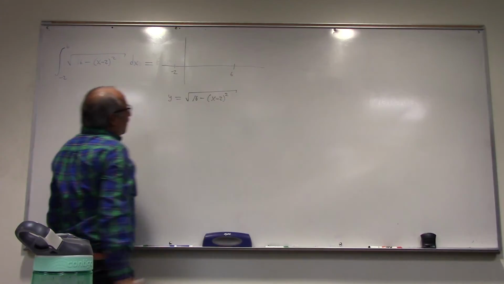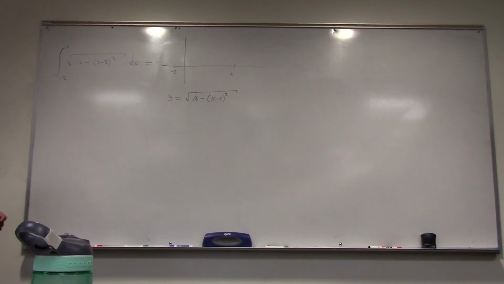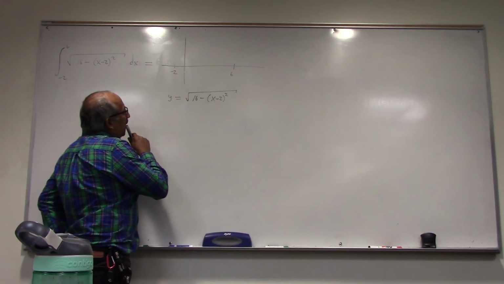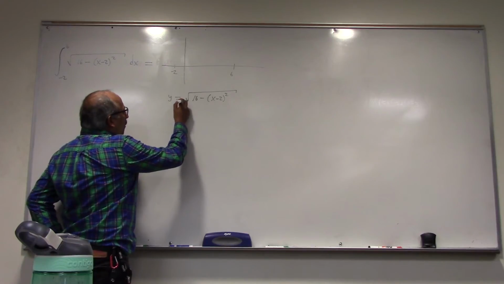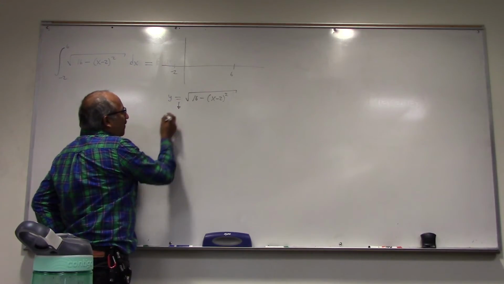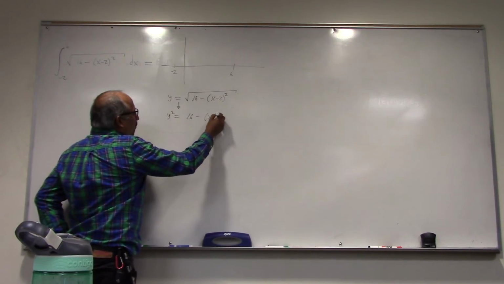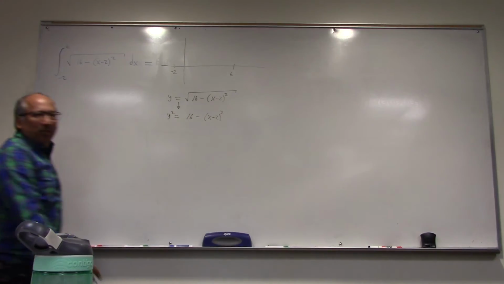You say, what the heck? I don't know what that is. So to recognize this, how do we do it, guys? You square both sides. Y squared equals 16 minus x minus 2 squared. Do you still recognize that or not yet?